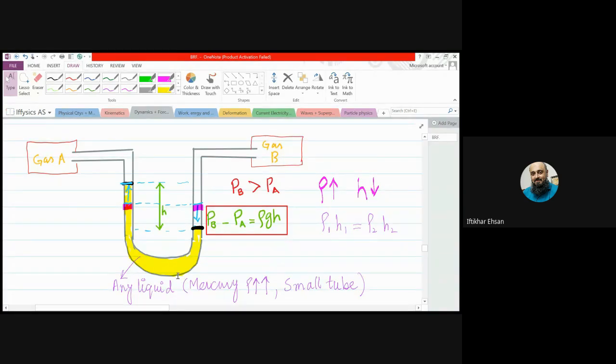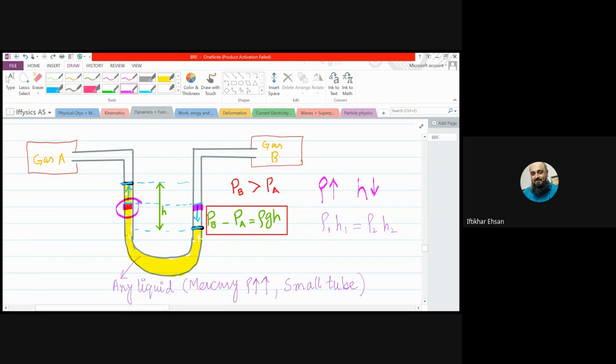It means if we use mercury, which the doctors do, then we need a smaller tube. So that is convenient for us. So beta, it is a U-shaped tube filled with some liquid. Initially, the liquid level will be the same on both sides because liquid always keeps its level.